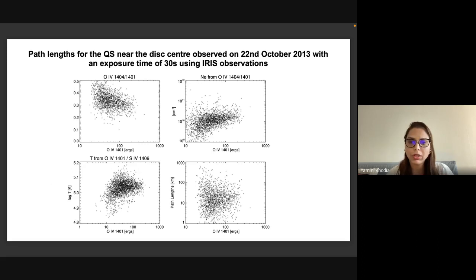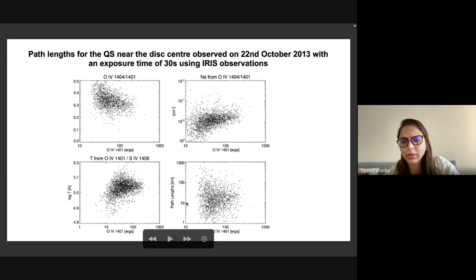However, for the calculation of path lengths, we have taken these densities from oxygen IV ratios from IRIS observations, and then the isothermal peak formation temperature of oxygen IV from the CHIANTI atomic database, and then we calculate these path lengths. The average value of these path lengths is somewhere around 10 kilometers.